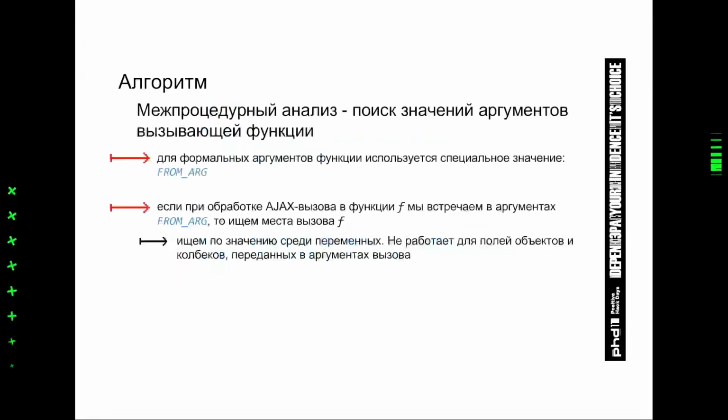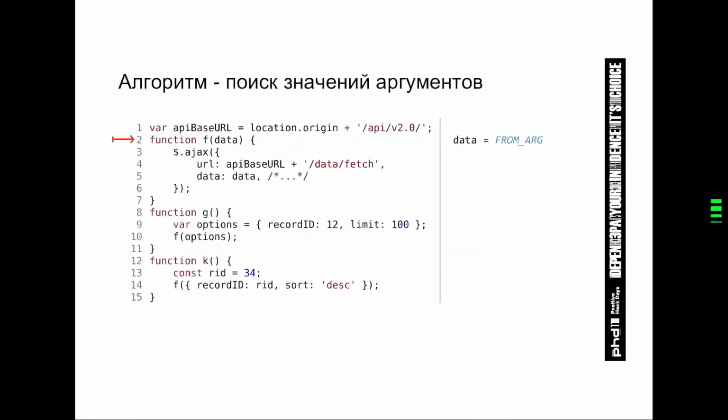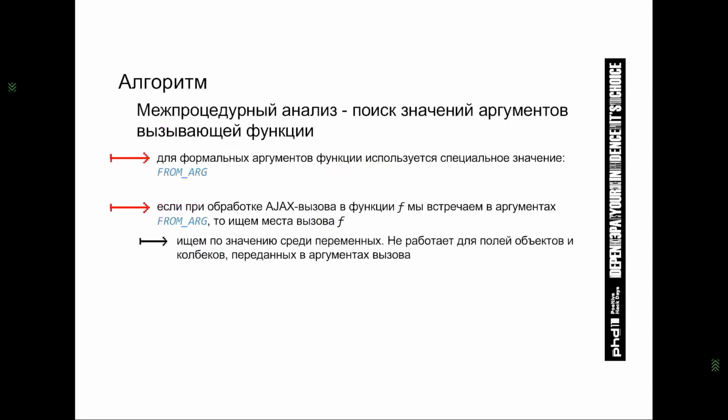There's also this mechanism that we call looking for argument values. Let's say we have a code, and rather than a function having local variables, known variables, and calling the server, it comes from function arguments. If our call depends on function arguments, we need to go deeper into it.